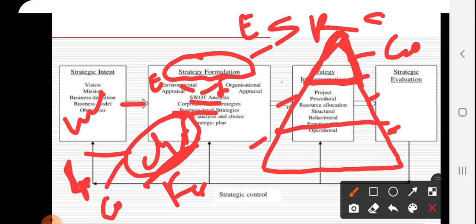Then focus strategies, as the name itself says, the organization tries to focus on some segment or part which gives them competitive advantages, meaning those things they do in a great manner as compared to their competitors.